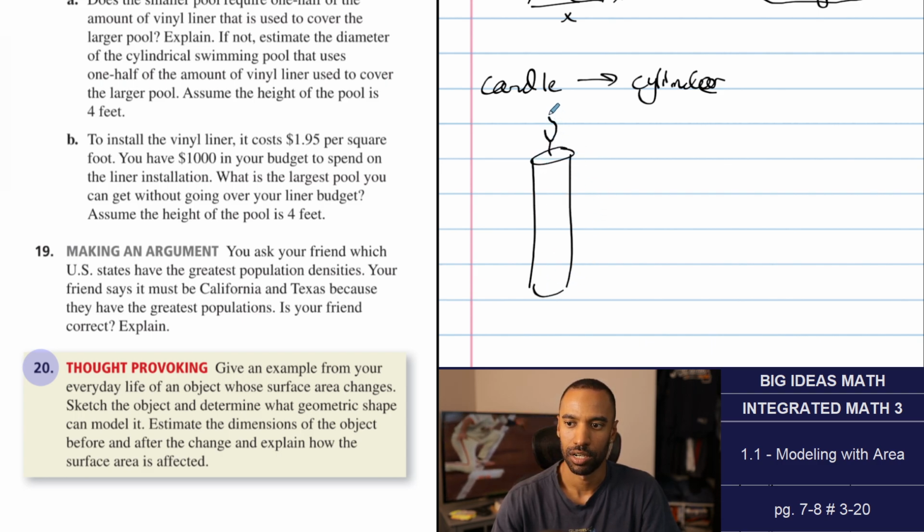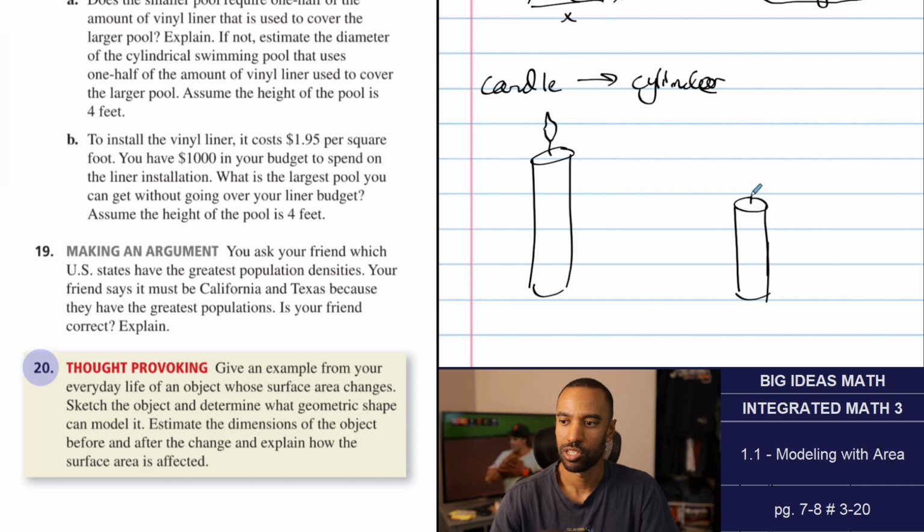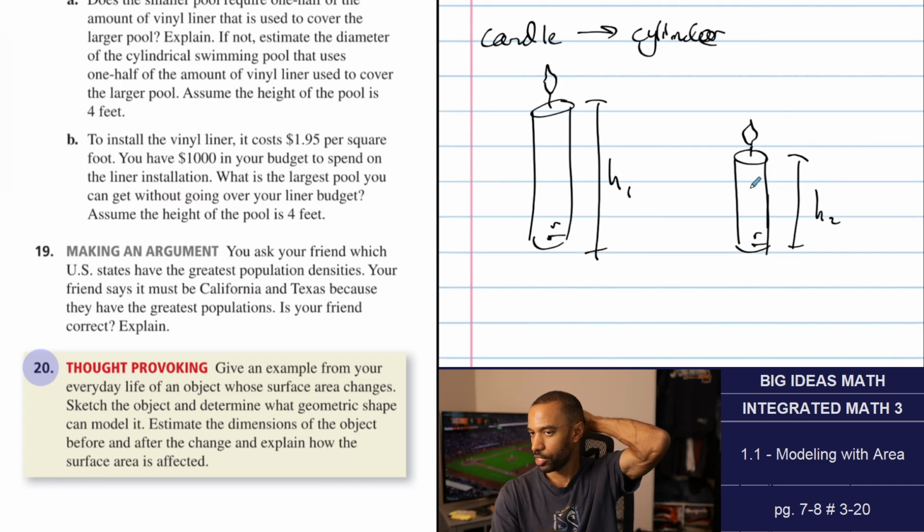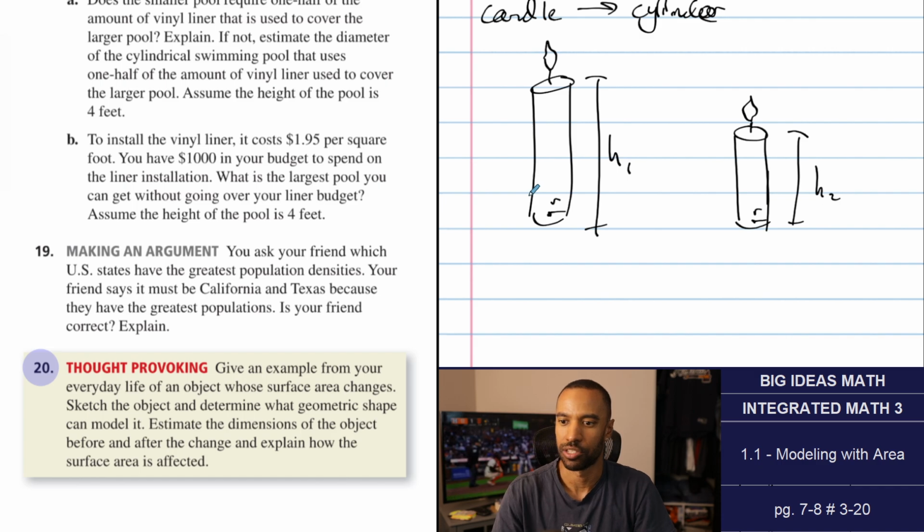And then later, it melts, but the cylinder shape is still the same. So here's height 1 and height 2, but the radius doesn't change.